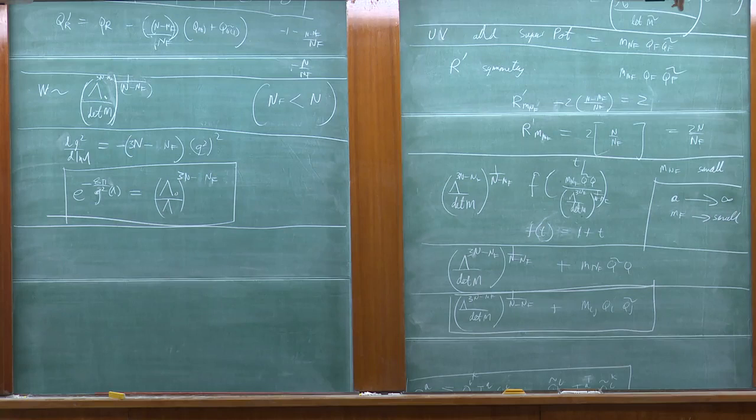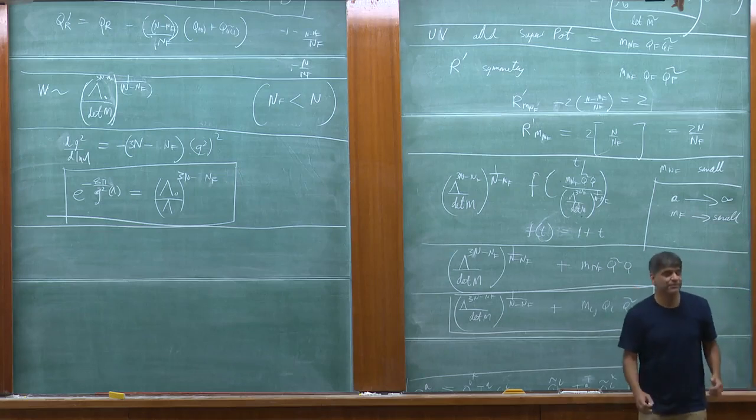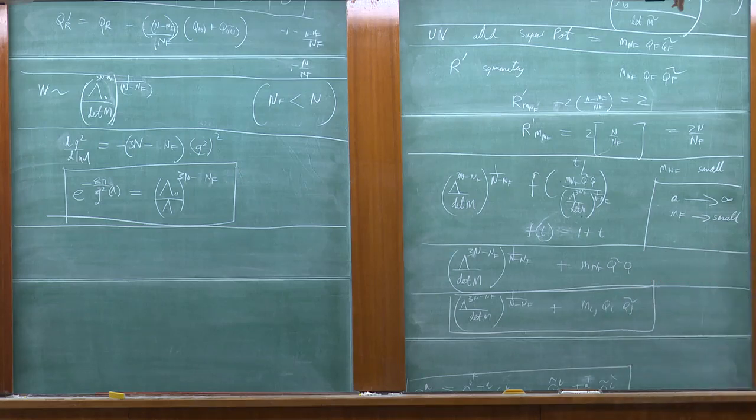Because you've made one quark very massive, it can be integrated out. Okay? So I want to understand how I can actually integrate this out. So the idea is now I'm going to try to integrate out the nth quark from the superpotential.